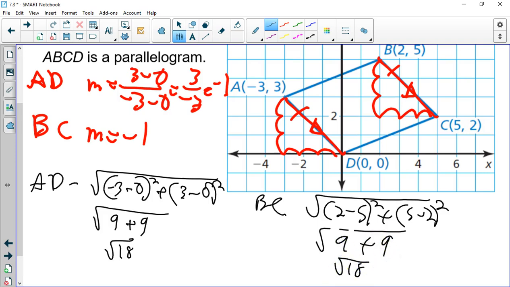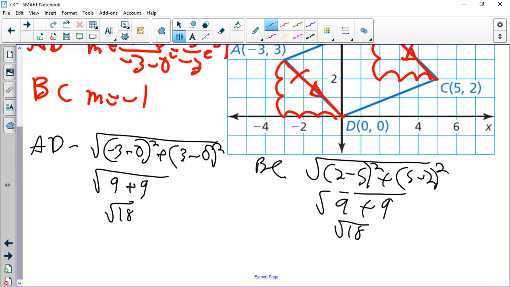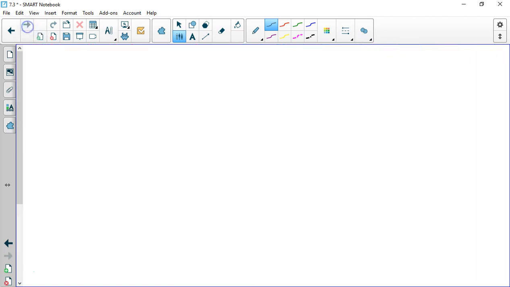Square root of 18. I do not have to reduce that, even though I'm going to for practice. Perfect square, this breaks down to 9 and 2. So this becomes 3 square root of 2. Or I can turn it into a decimal. But square root of 18 is square root of 18. So I have proven that opposite sides are both parallel and congruent. Therefore, I have a parallelogram. And that's all I need to do. That's it.